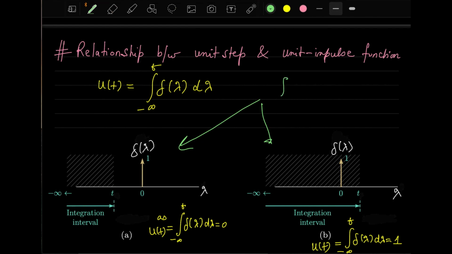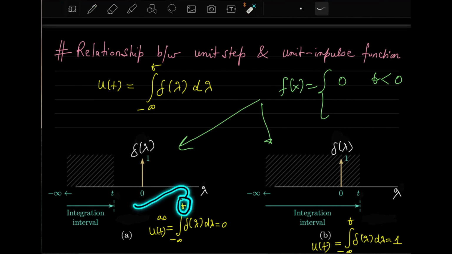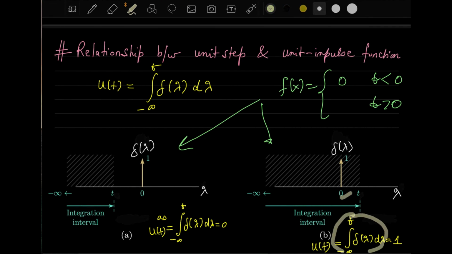By seeing these figures, you can write that there is a function f(x) which is 0 when t is less than 0, because the delta function is not lying within the integration limits, so the value is 0 here. And if t is greater than 0, the integral represented over here includes the impulse function, so its value is 1.